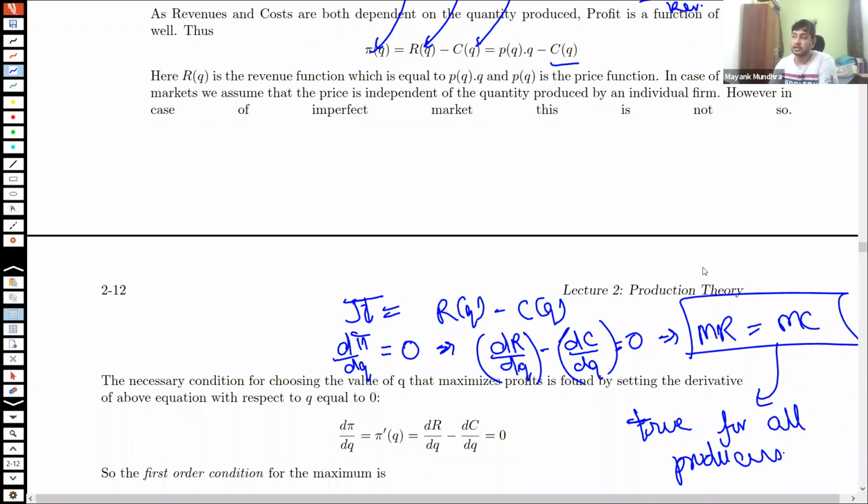But as we'll see in later discussion, for a competitive firm, marginal revenue becomes equal to price. So it's not that marginal revenue equals marginal cost is not true. That is also true, but in a competitive market, marginal revenue becomes equal to price. So price equals marginal cost is also correct for a competitive firm. But marginal revenue equals marginal cost is true for all firms, be they in a competitive market, an oligopolistic market, or a monopolistic market.